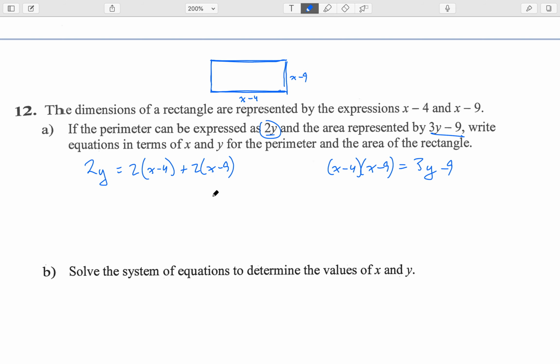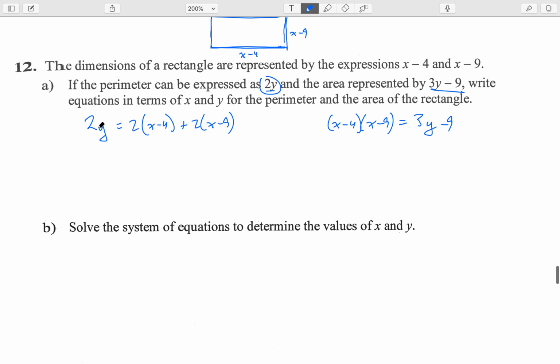So you know what? We can actually clean these up a little bit. Look, I could expand these all out. 2y is equal to 2x minus 8 plus 2x minus 18. You know what would have been easier? Just divide everything by 2 right off the bat. What do you mean? 1y is equal to 1 of these plus 1 of these.